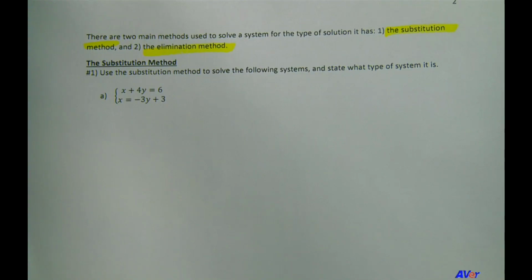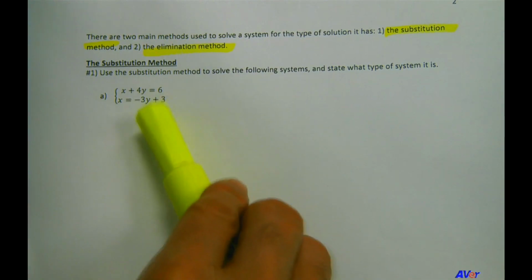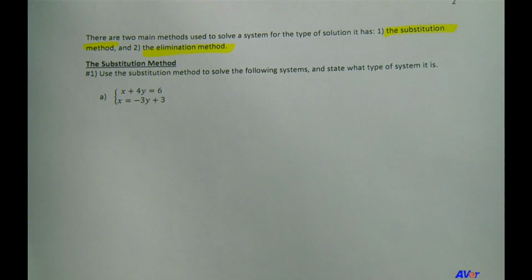So once again, when we get to section 6.2, which is when we will be solving systems of three equations, three unknowns, that method is different than this because we need to reduce that system to a system of two equations, two unknowns before we can apply this method. Okay, so please remember that.